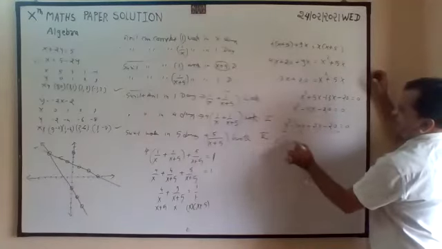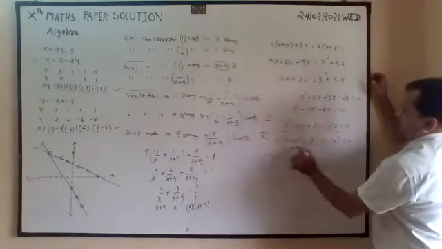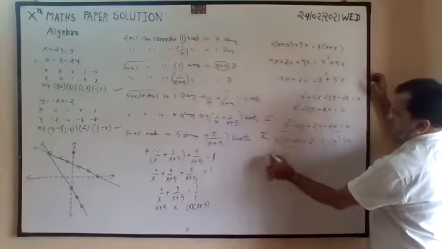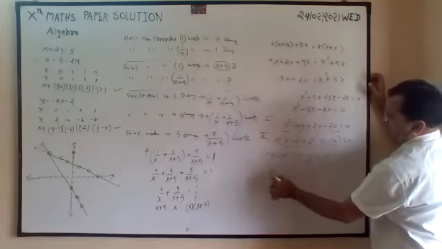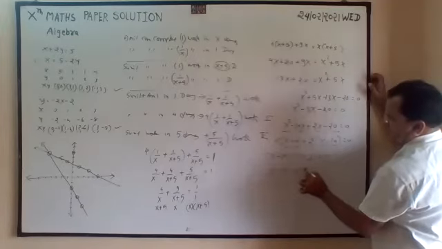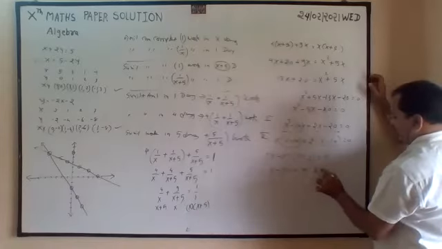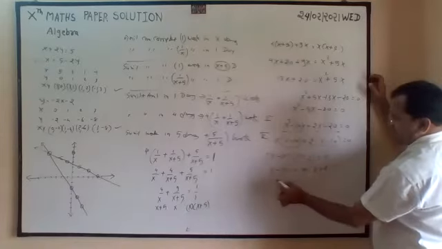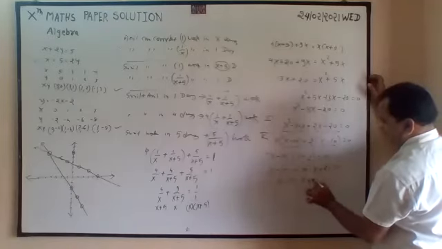x common, 2 common. Therefore, x minus 10 is equal to 0, or x plus 2 is equal to 0. Therefore, x is equal to 10, x is equal to minus 2.